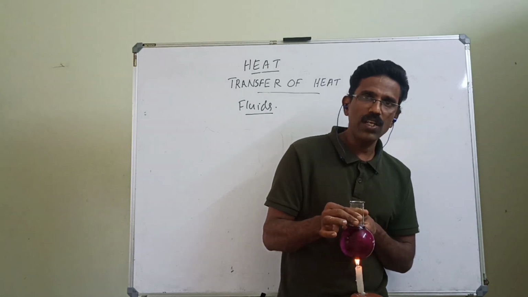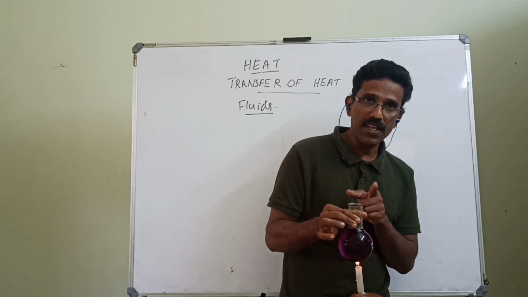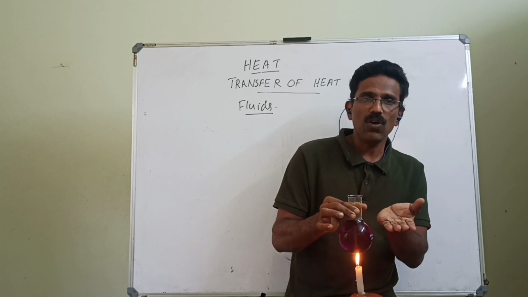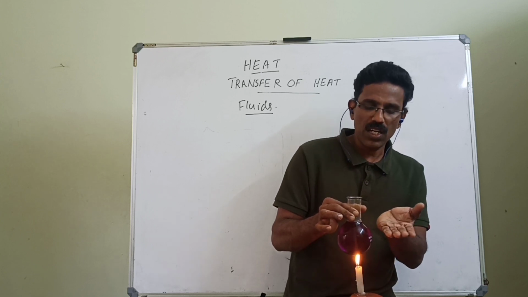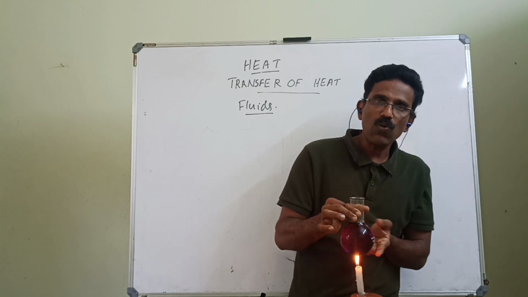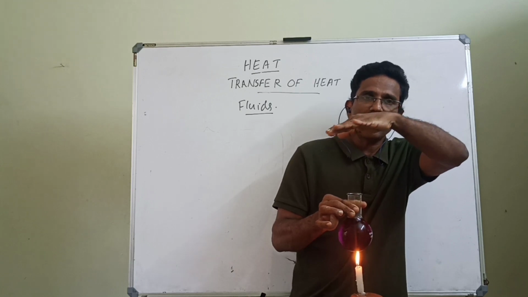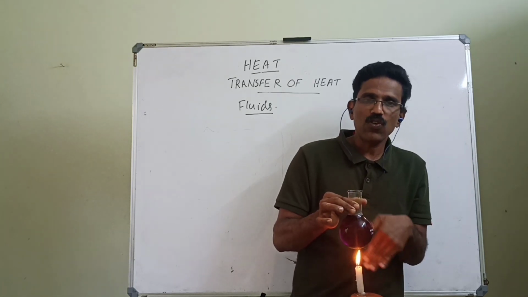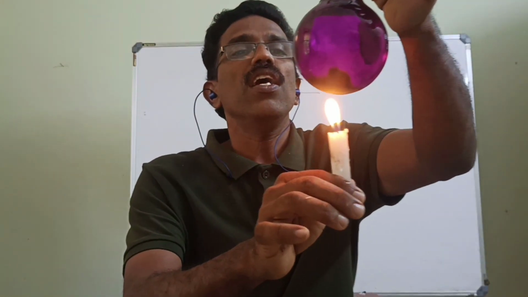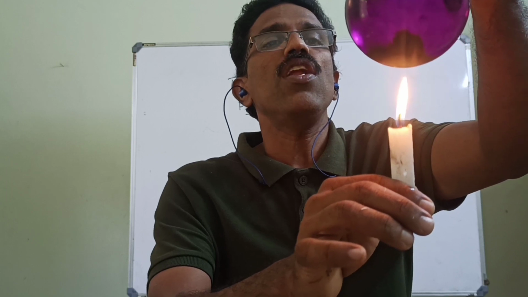So when you are heating water, the hot water, being lighter in weight, rises up. You know, substances which have less weight float. So the hot water rises up and the cold water present at the top goes down. This process continues. You can see the movement very clearly, the potassium permanganate crystal dissolving in water.